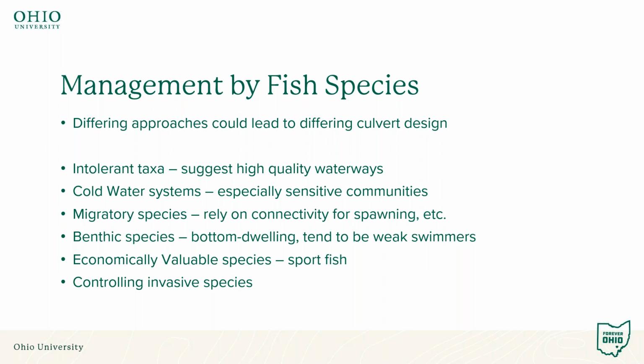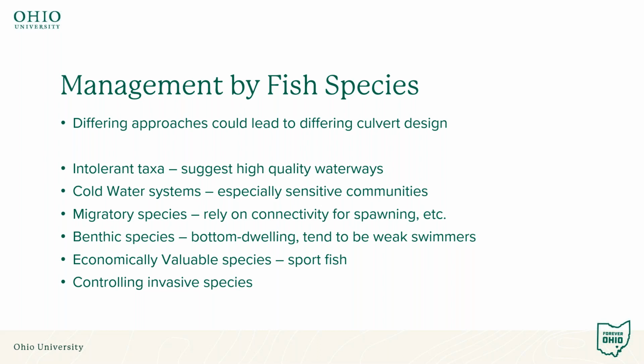And so some of the specific classes of fish that we focused on were intolerant taxa. So you may want to look at intolerant taxa and those fish that are present in cold water systems as your most sensitive species and those that are going to support a higher use designation for a stream.